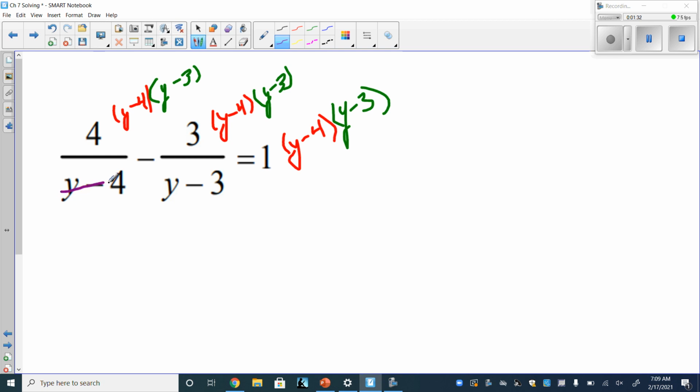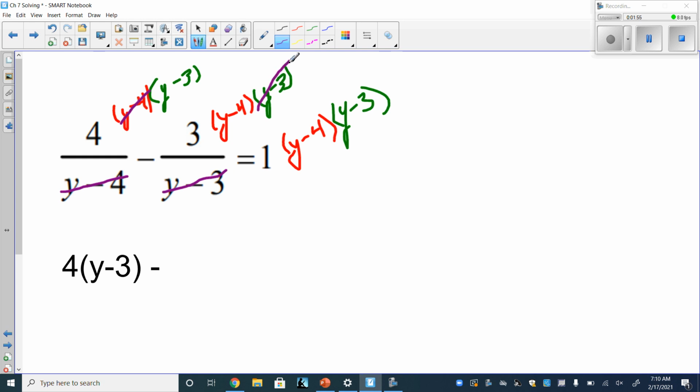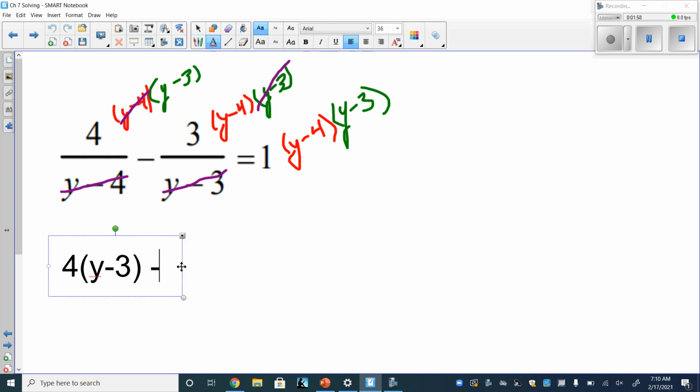Here we said the y minus 4 and y minus 4 would cancel, and that would leave us with 4 times y minus 3, minus, and in the second rational expression, the y minus 3 and y minus 3 would cancel, leaving us with 3 times y minus 4 equals.